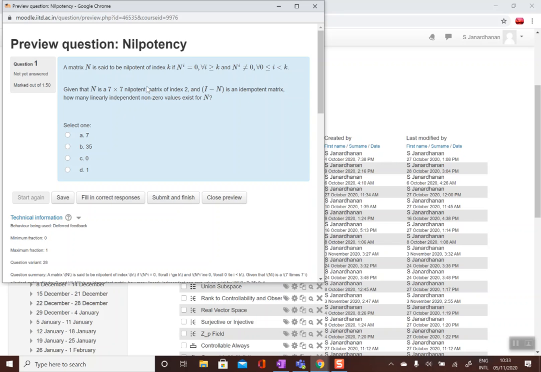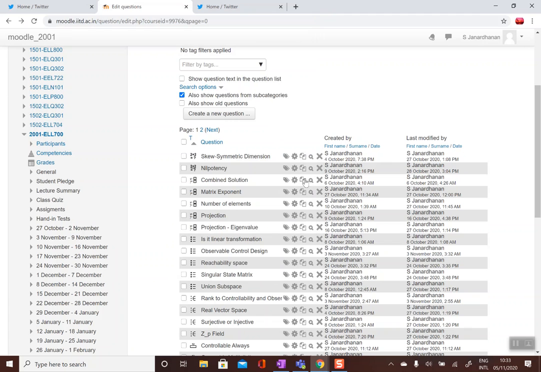So this 7 cross 7, this 7 is a variable, and the number of different choices that you have, all of them are dependent on the random variable. Okay, let's look at that.